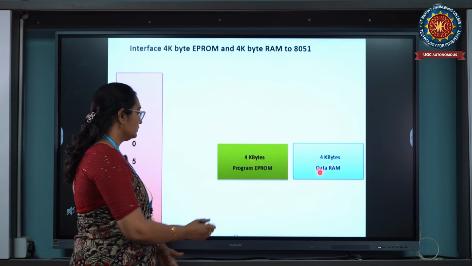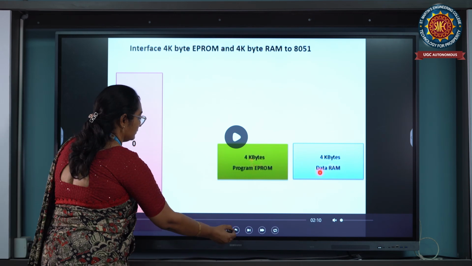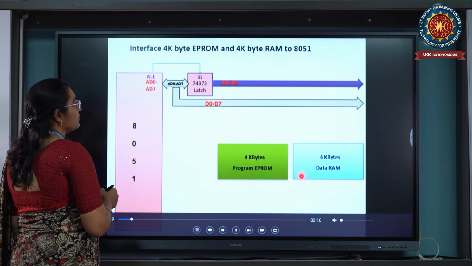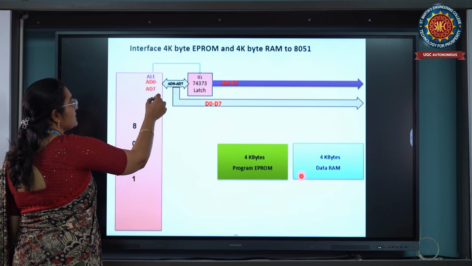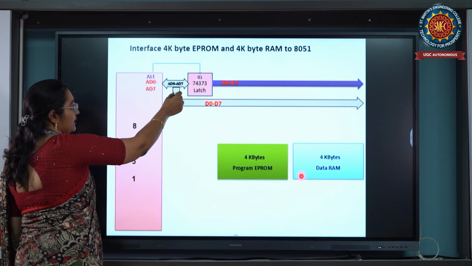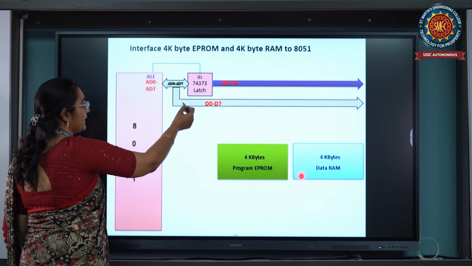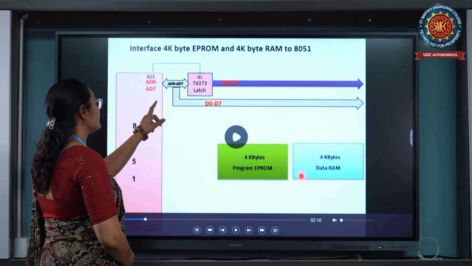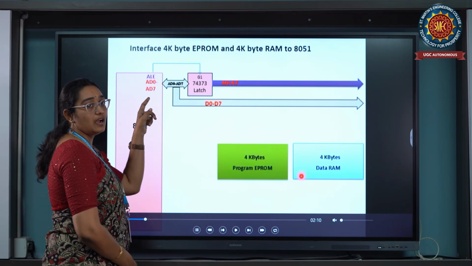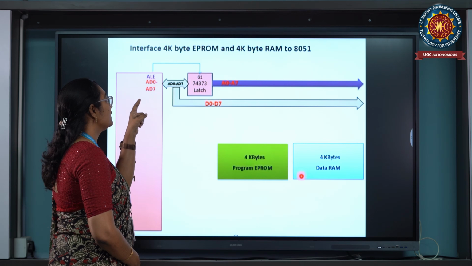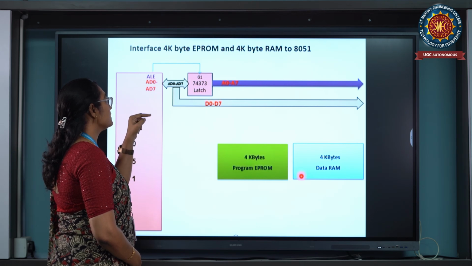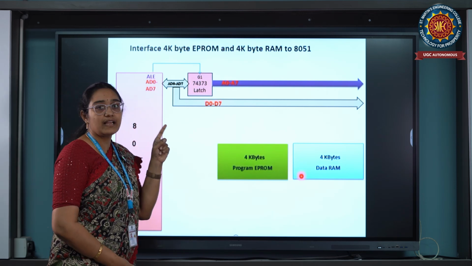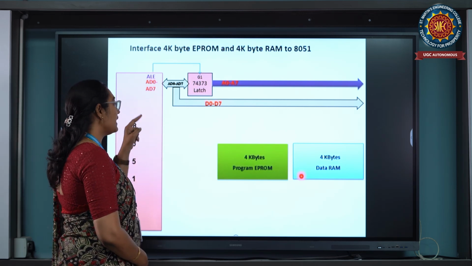The 8051 microcontroller port 0 consists of multiplexed address and data lines AD0 to AD7, and a latch. Here the latch is used for demultiplexing the address and data lines. Address lines are accessed when the latch is high. When the latch is low, then only data lines are accessed.